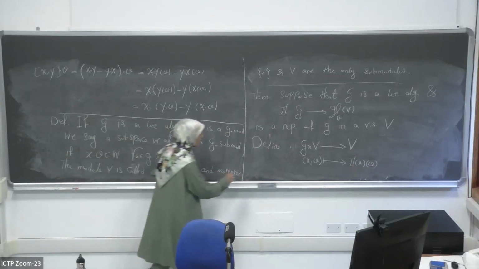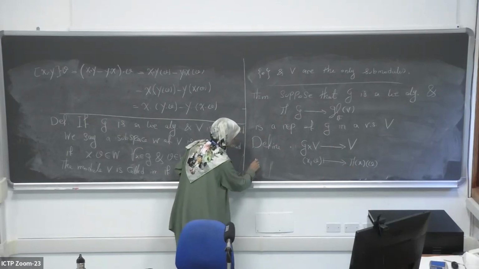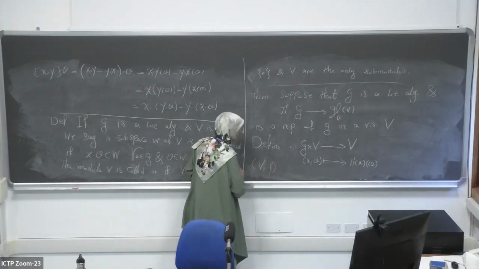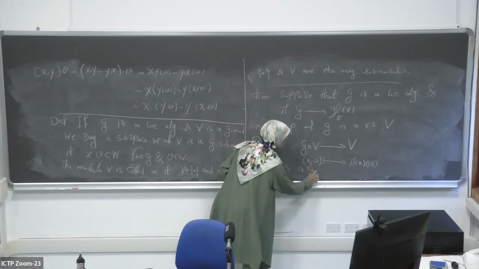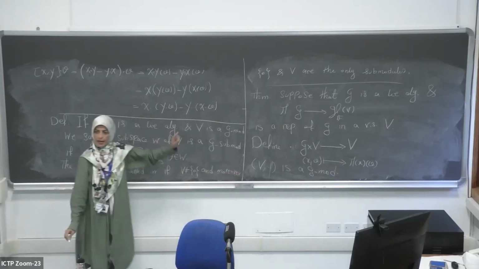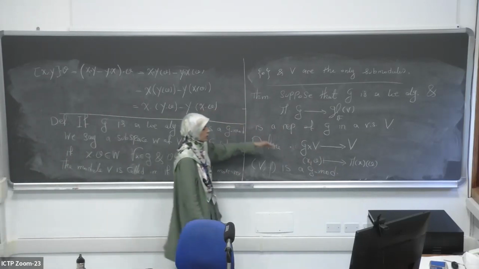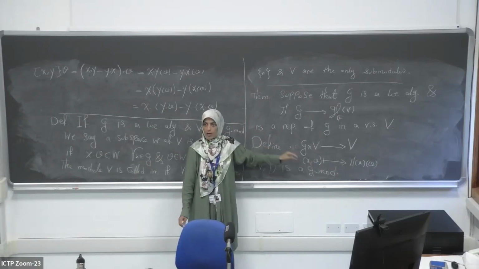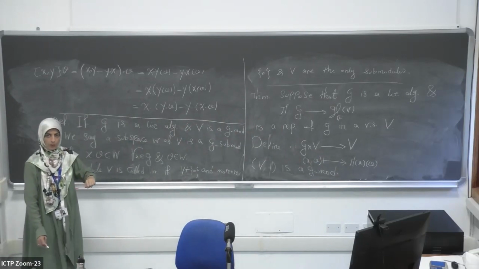And V together with this dot is a G module. We have a representation, and using this representation, I have a module. I have a representation of G, and then I get a G module.